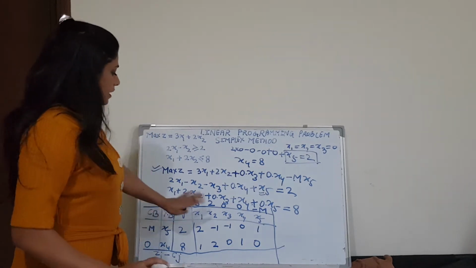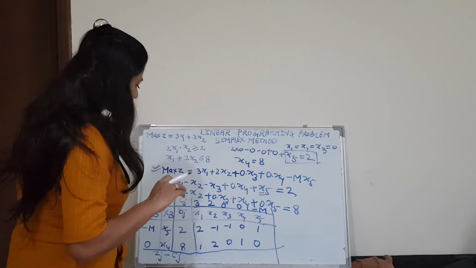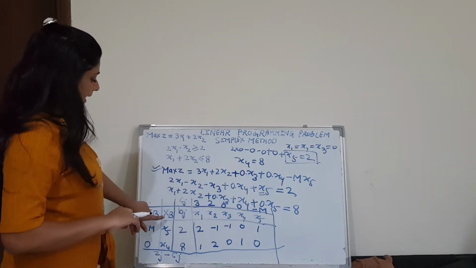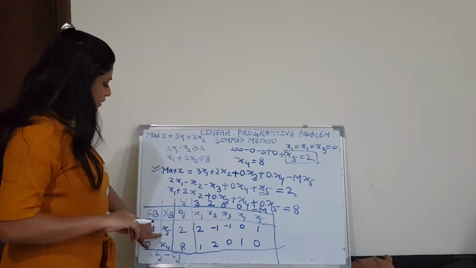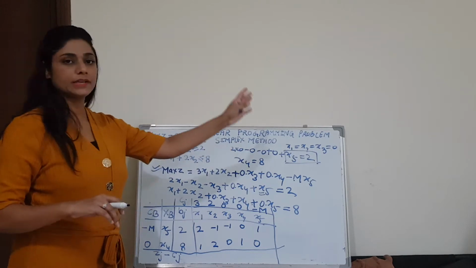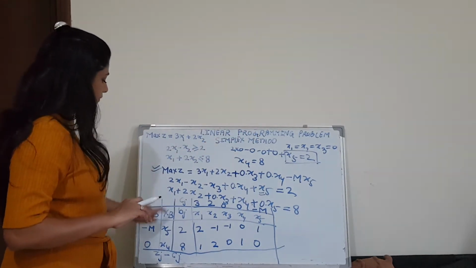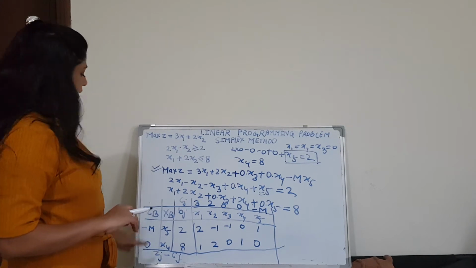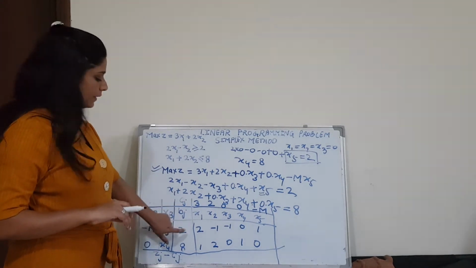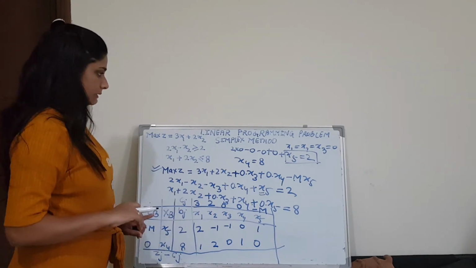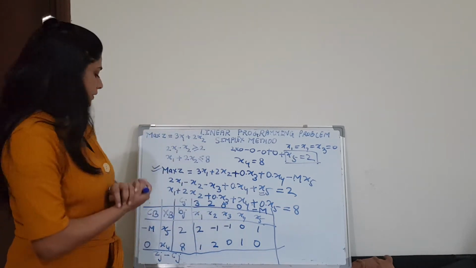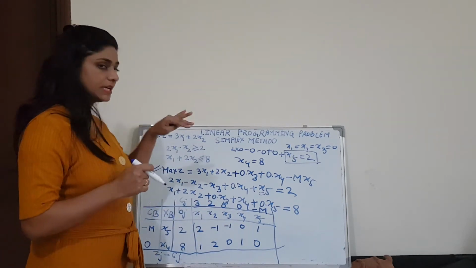So we have our simplex table, and Cj is the coefficient of all variables and xb are the variables x5 and x4 which we have calculated from here. x1, x2 and x3 we put 0 in these two equations and we got these two variables. Cb is the coefficient of these two variables. Bj is the value of these variables, and here these are the coefficients of all variables. Now we will calculate Zj minus Cj.